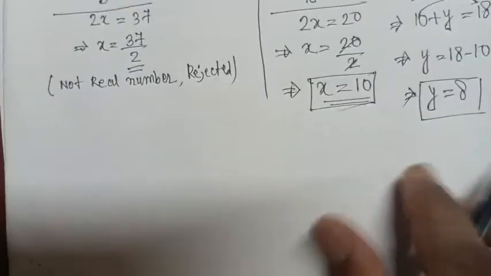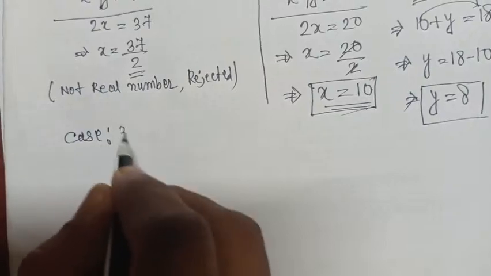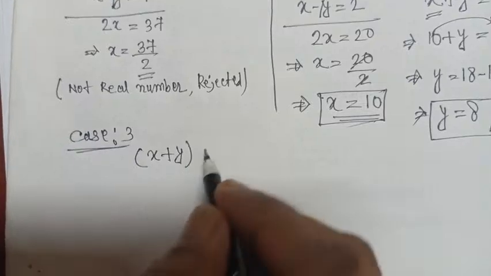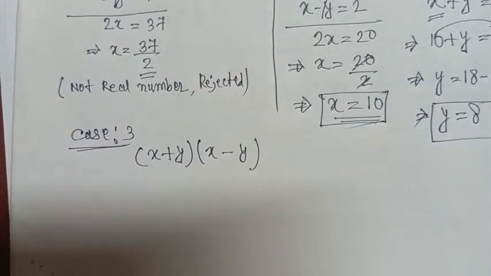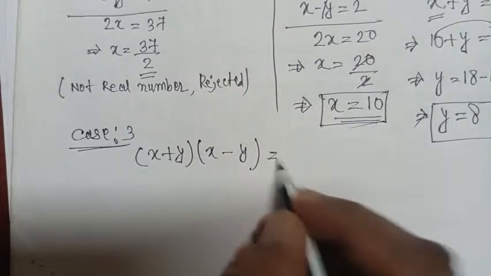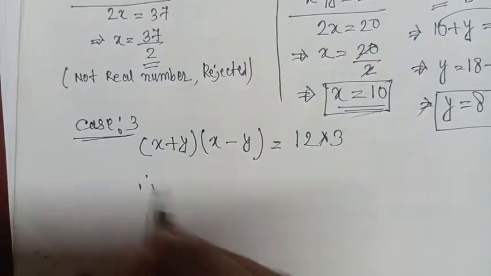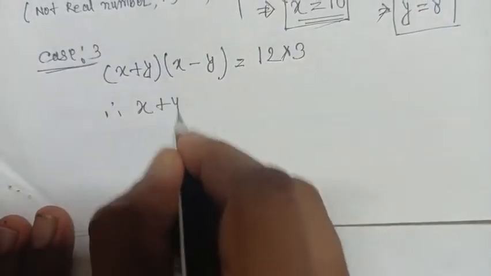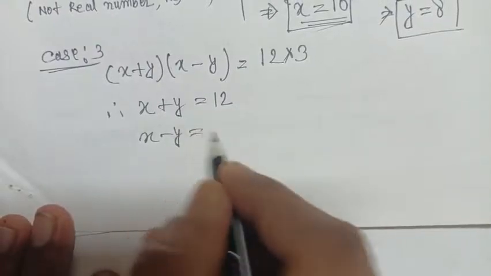Now we move to the case 3, where x plus y into x minus y equals 12 cross 3. Now if we compare both sides, then x plus y should be 12 and x minus y should be 3.